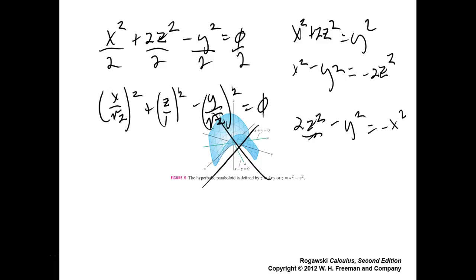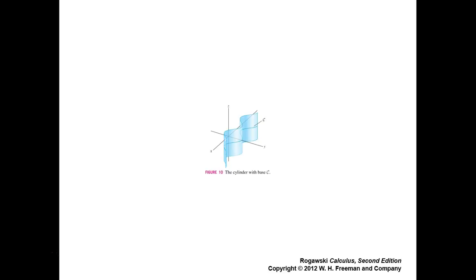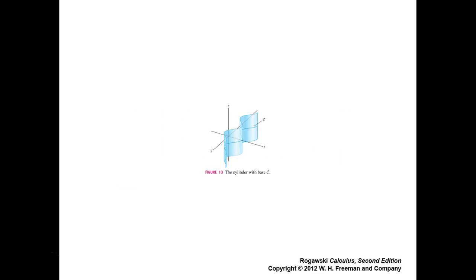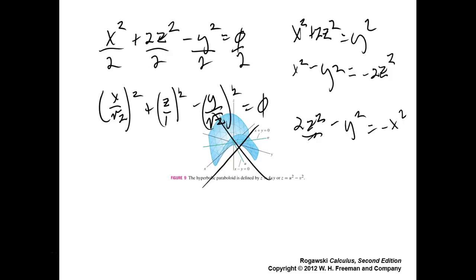Y squared has to win again, so they would be like this. These are vertical traces. So, let's see if that fits our intuition here. They don't show this anymore, do they? Let's see if it's the next one. No, they don't show it. Sorry about that. That would be the two cones, okay.